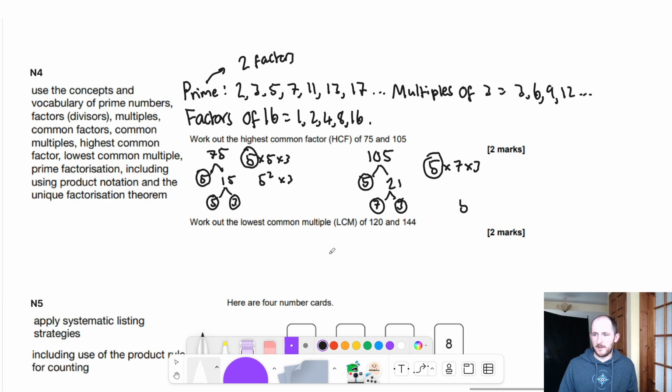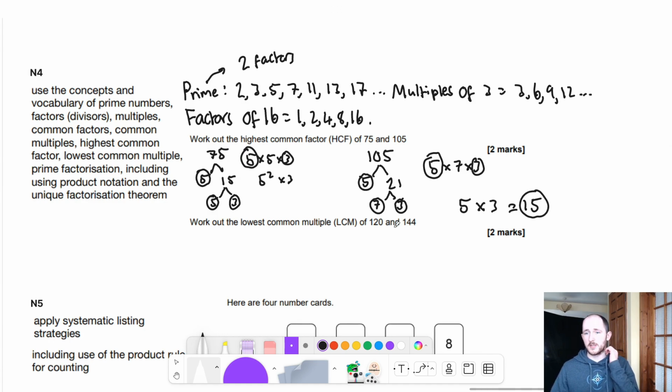So I'm going to write 5 down here. I have a 3, a 3. So I'm going to put times 3. There is nothing else that's common, right? The 7 is unique, and this other 5 is unique, as in it's only in one of them. That will now be my highest common factor.